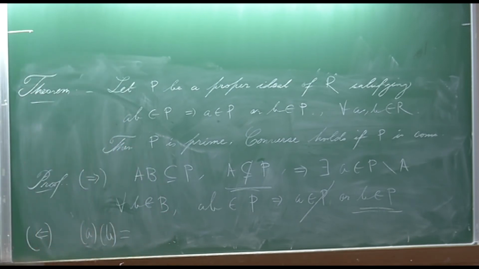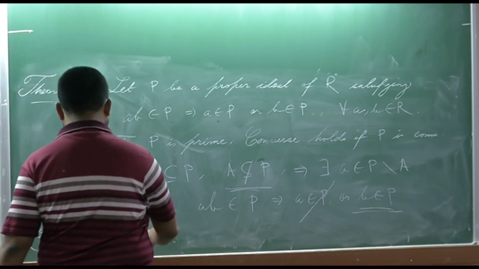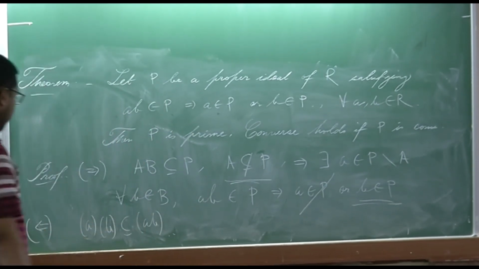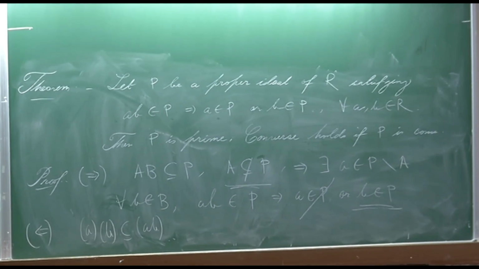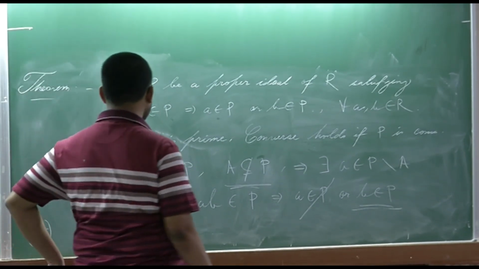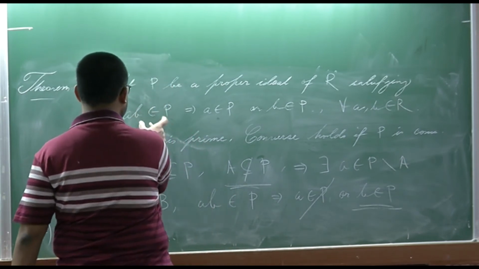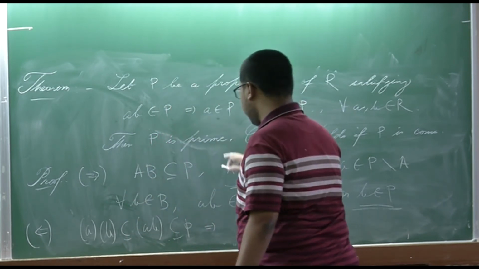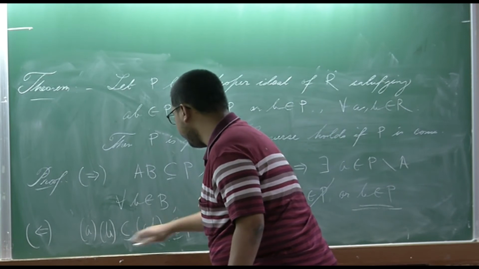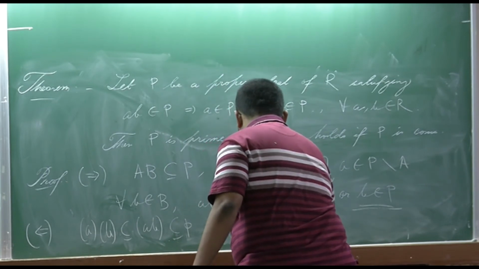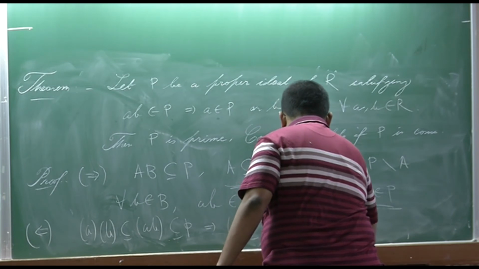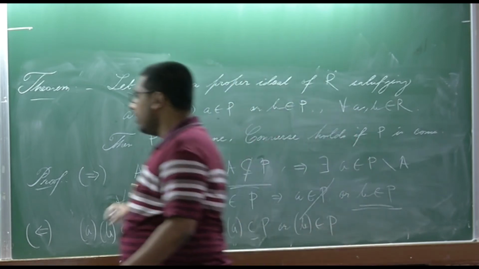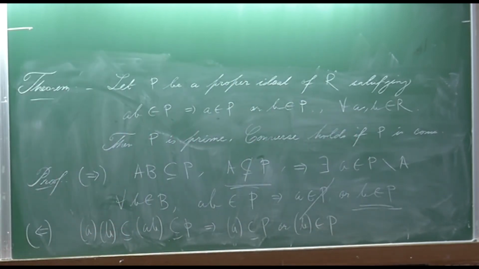When the ring is commutative, the product of these ideals is going to be contained inside the ideal generated by ab, which is contained in P. Since now we assume P to be prime, either the ideal generated by a is contained inside P or the ideal generated by b is contained inside P. That means either a is in P or b is in P. Okay. So, the proof of this is fairly obvious.